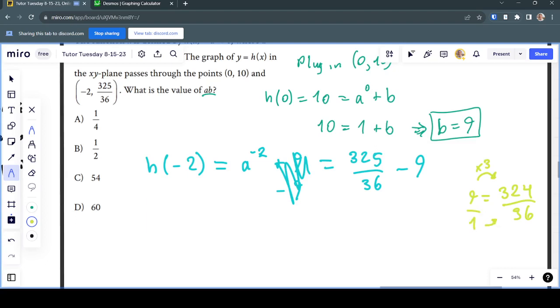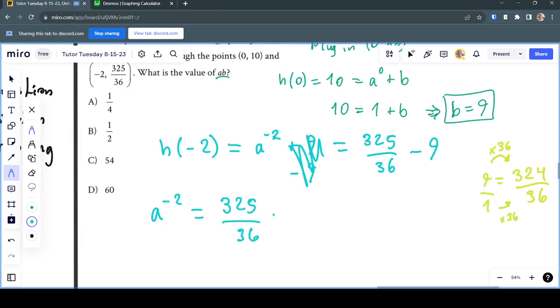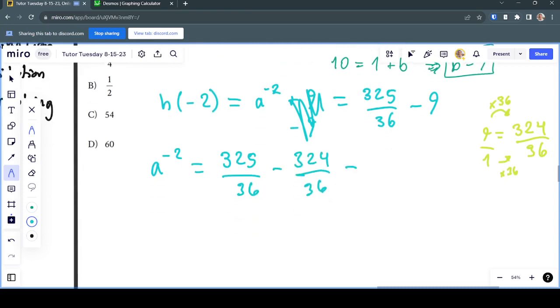If we have something like 9 divided by 1, which is equivalent to 9, I could rewrite this as a nice fraction with a denominator of 36. So really this is like saying a to the negative 2 is equal to 325 over 36 minus 324 over 36, which is equal to 1/36.